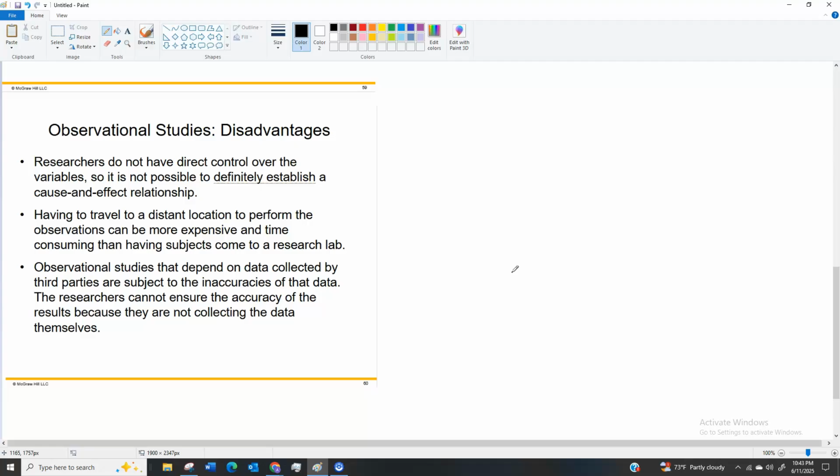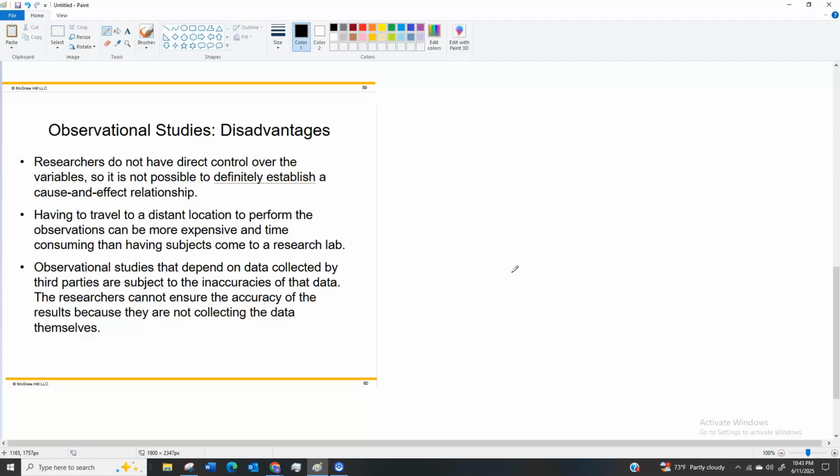Also, it may require the researchers to travel to a distant location, spend a lot of time, those types of things. So it takes a lot of time on the part of the researcher usually. And then observational studies can sometimes depend on a third party that the researcher doesn't have any control over.